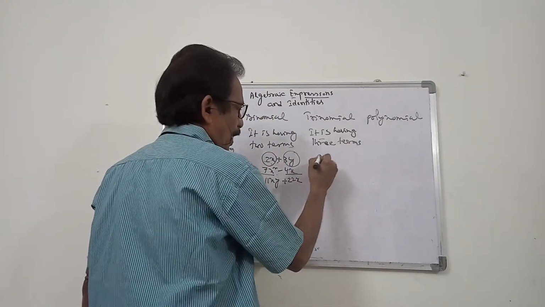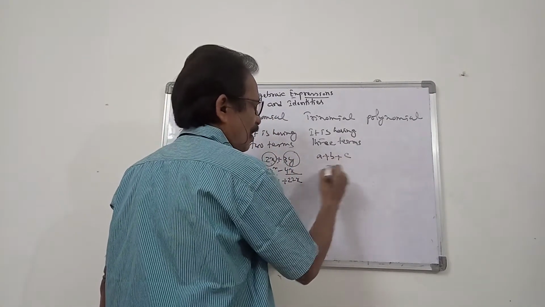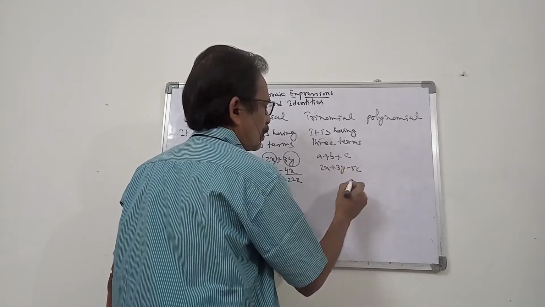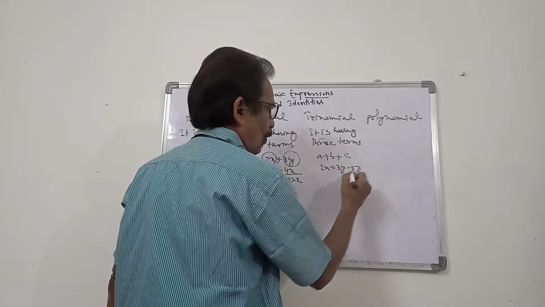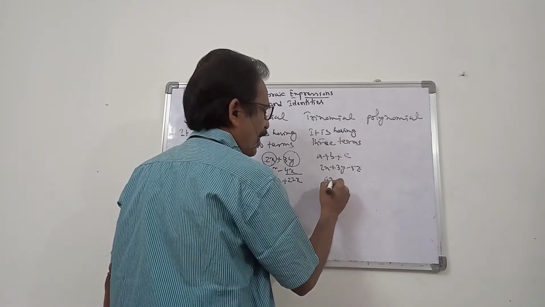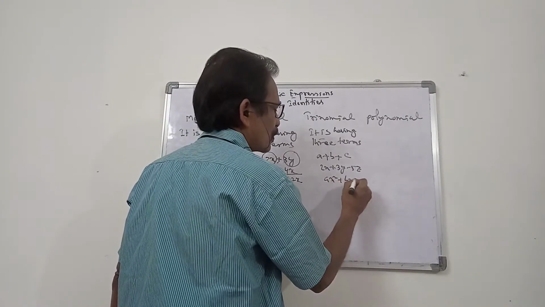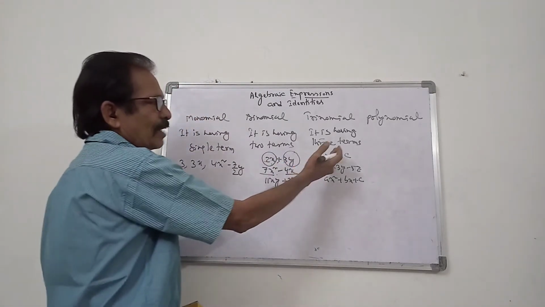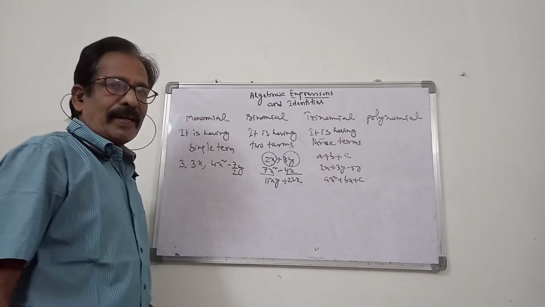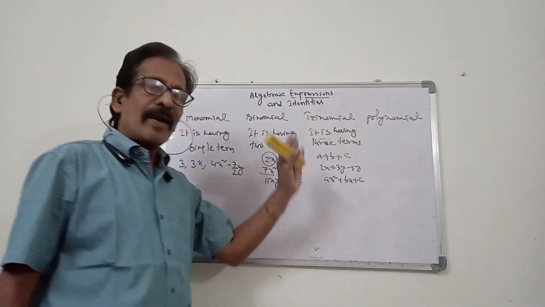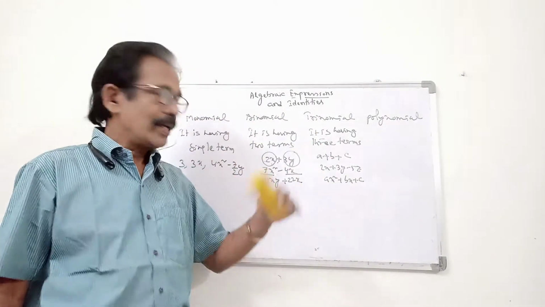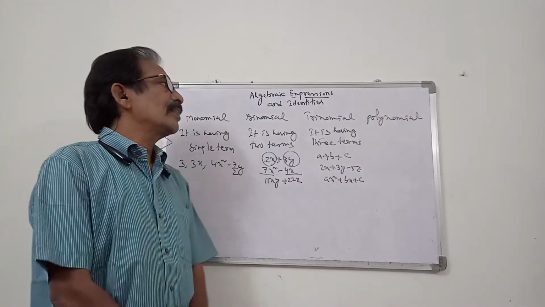You can write a plus b plus c, or 2x plus 3y minus 5z, or ax square plus bx plus c. These are three terms, and when they are combined with positive or negative signs, that is a trinomial.